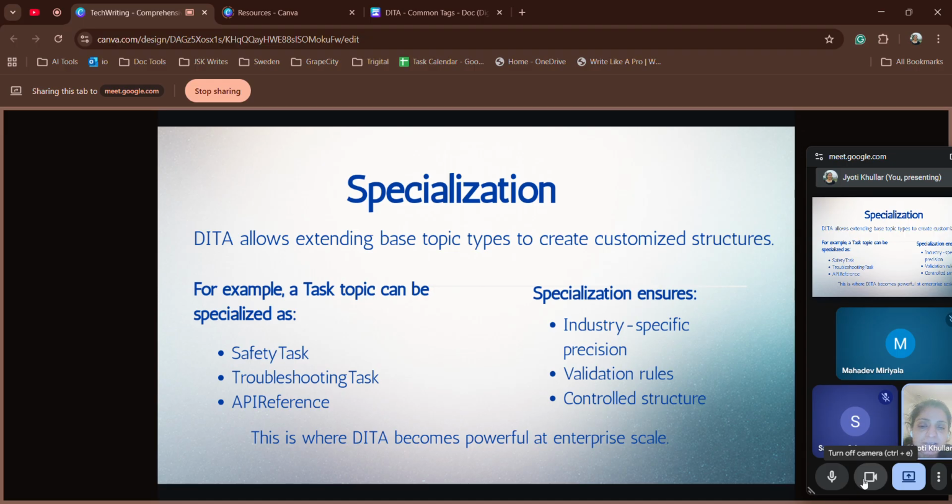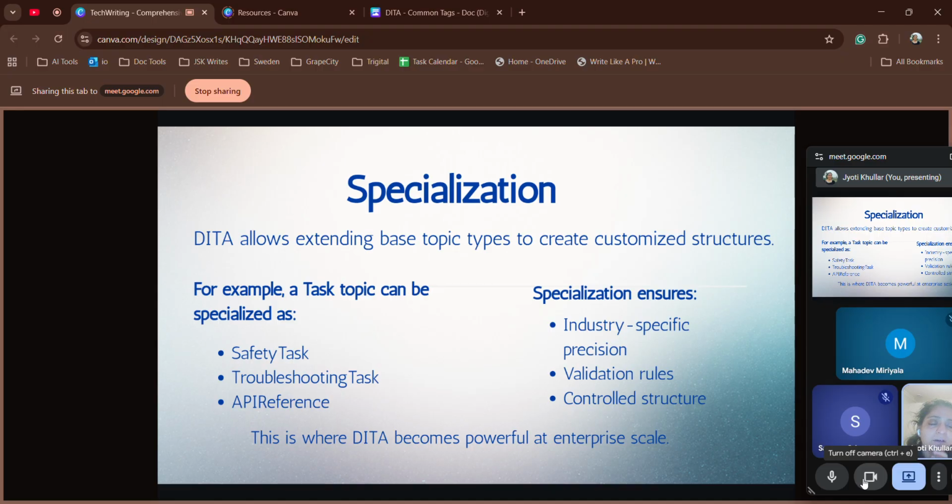and then, how does it help? All these things together, the specialization aspect especially helps enterprises and big companies create big, powerful documentation using DITA, because they will have a certain structure.